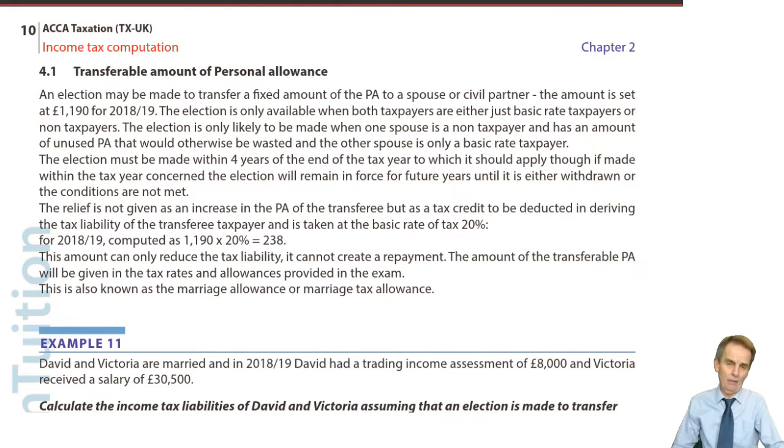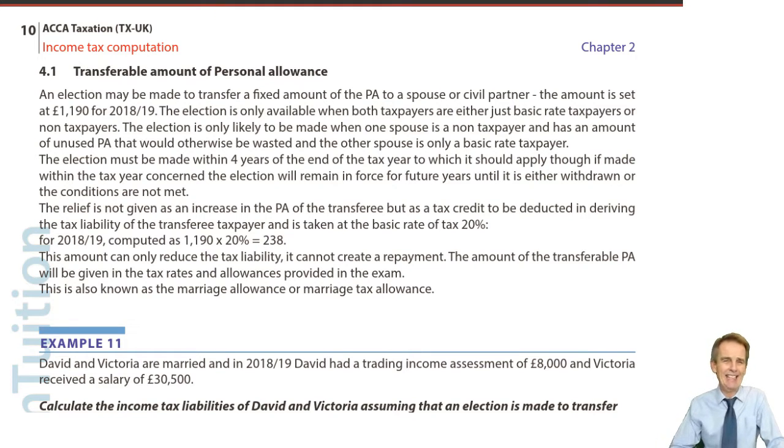And that's the basis of what we see here, the transferable amount of the personal allowance. Of course, the way that it works might be slightly different to the idea that you might have at the moment. Sadly, what we cannot do is simply transfer across any unused personal allowance. There is a cap on how much can be transferred.